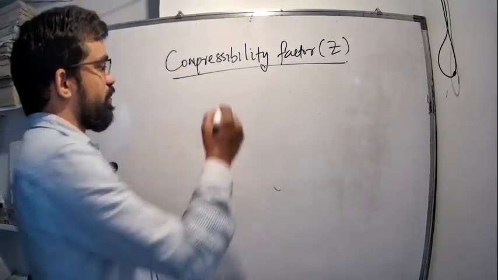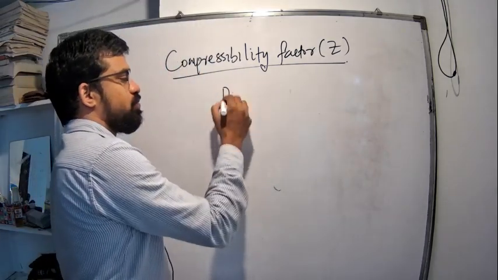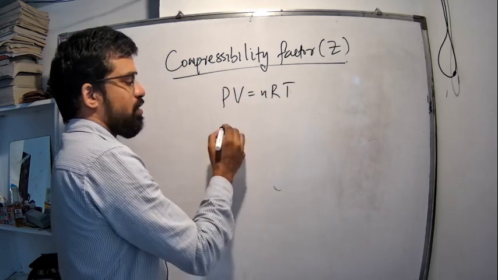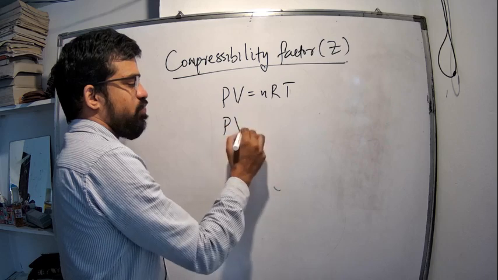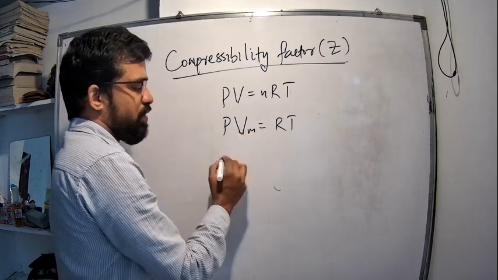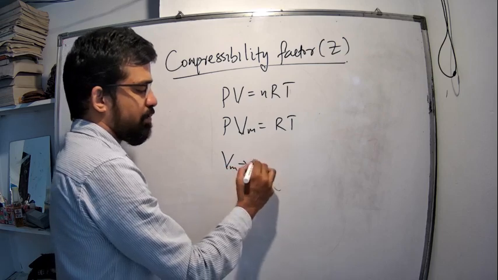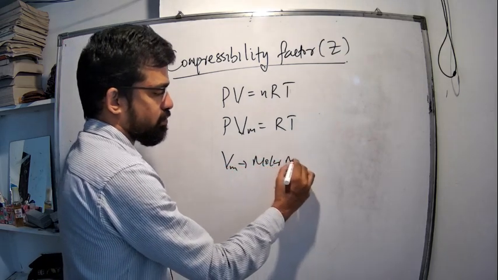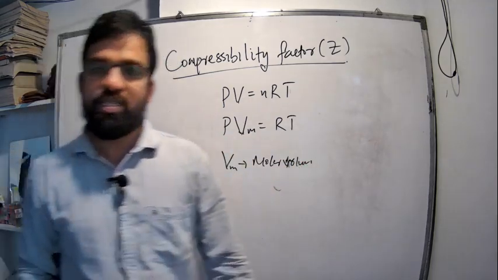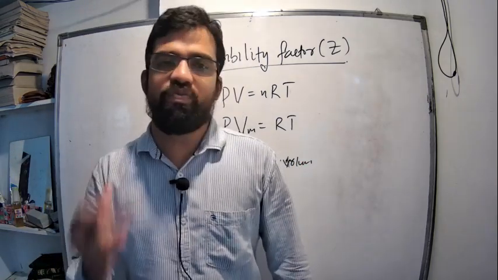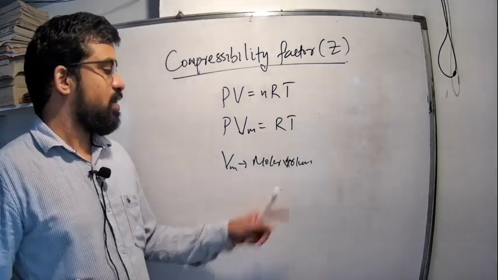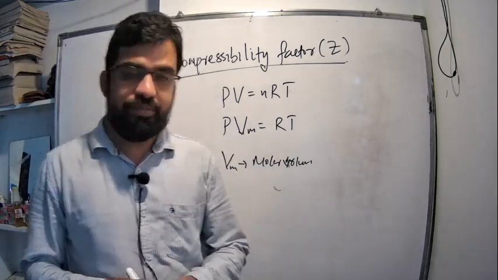I hope every one of you must know PV equals nRT, which can also be written as PV equals RT per mole, PVm = RT. Here Vm means molar volume, that is, the volume of the gas when you have taken 1 mole of the gas.